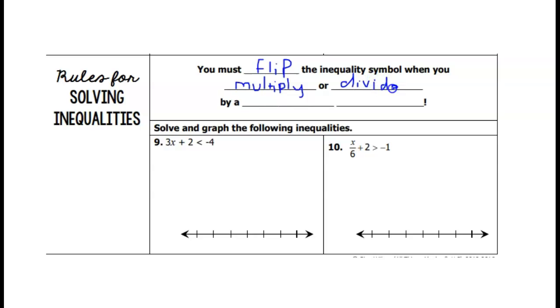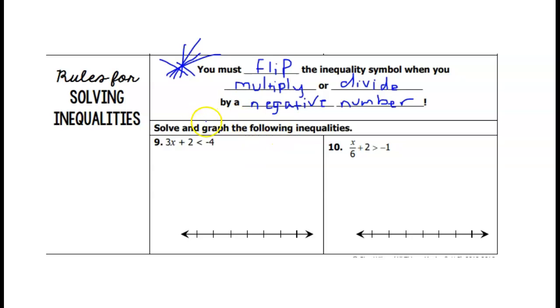That is important, guys. You hear Miss Bennett's voice in your brain. Are we all on the same page? Every time you see inequalities, you need to remember that.